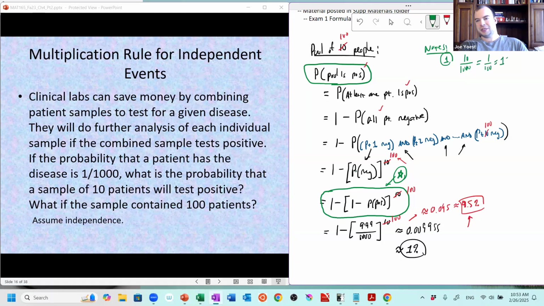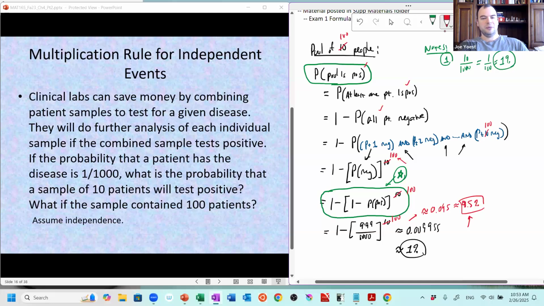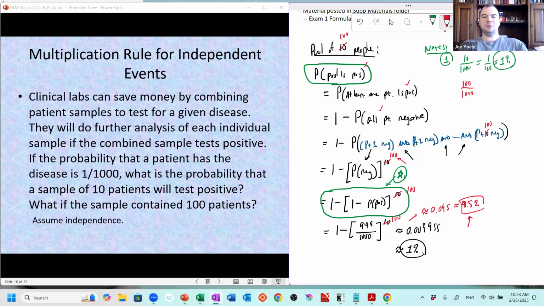That's 1 in 100. That's exactly a 1% chance of the pool being positive. Or if we ask them about the pool of 100 patients, I think they would say, well, that's 100 people, each of which has a 1 in 1,000 chance of being positive. So that's 100 over 1,000, or 1 in 10, exactly a 10% chance of a pool being positive.